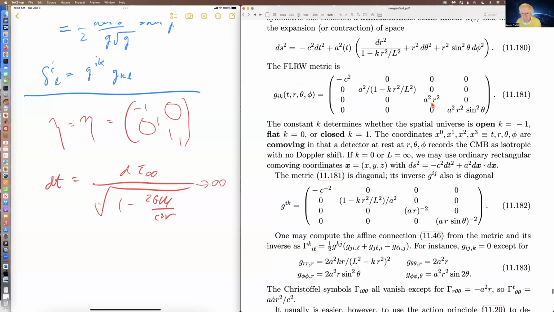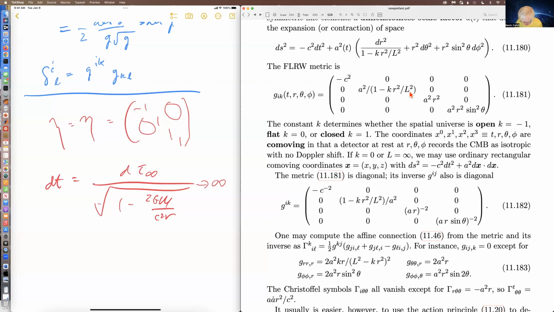And this constant L, what is L? Most people don't put in L because they want to be sophisticated and so forth. If r is a distance, and k is dimensionless, then we've got to put in an L. L is basically the size.